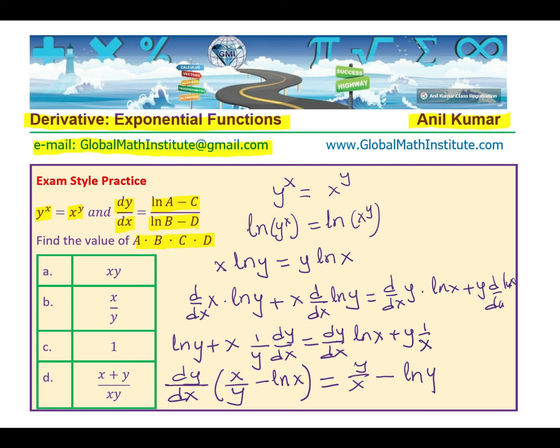So dy/dx is (y over x minus ln y) over (x over y minus ln x), right? But in the given expression, we have ln a minus c.